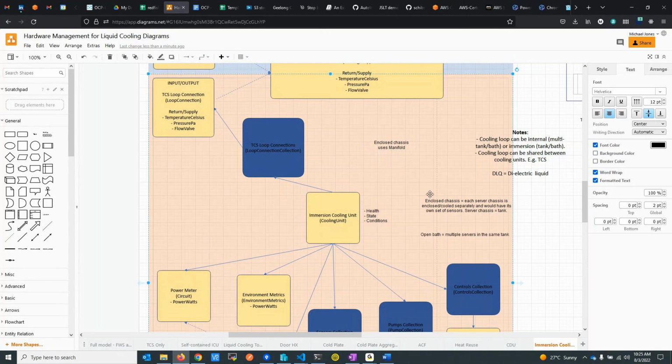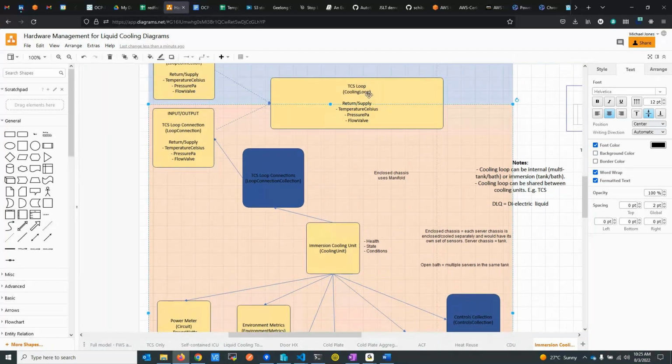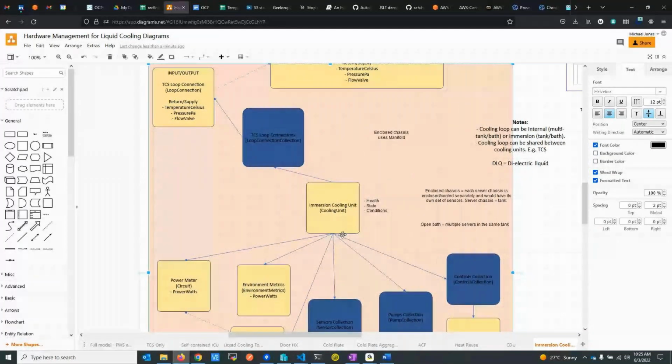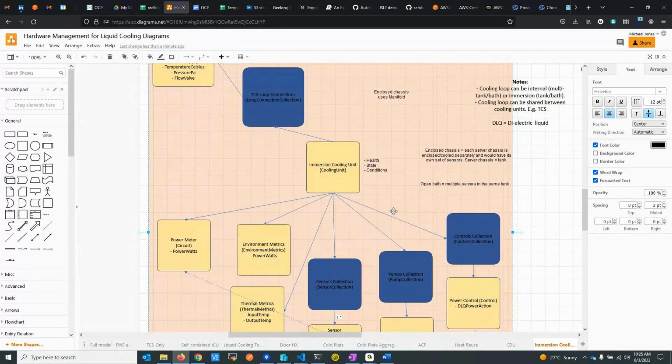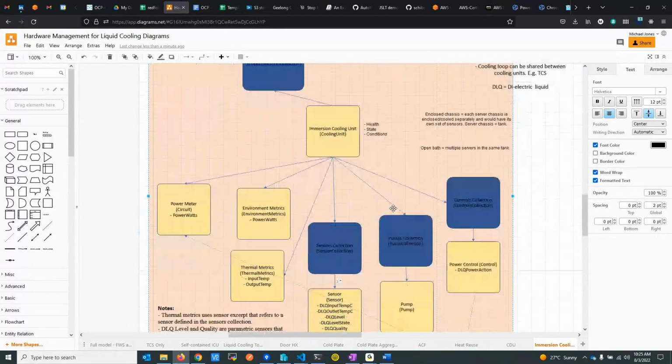Okay, and so if we're looking at the open bath scenario, you have a CDU feeding into the open bath, the immersion cooling unit, and that would then contain another chassis, which is where the IT equipment is mounted, which I haven't put on here. Let me put that on.